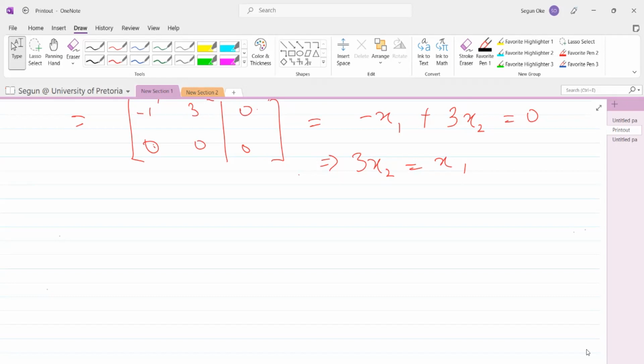How many values of x1 and x2? There are many values of x2. So whatever x2 is, it will give us x1. If you get the value of x2, multiply by 3, you get x1. And what is the value of x2? That's the question.